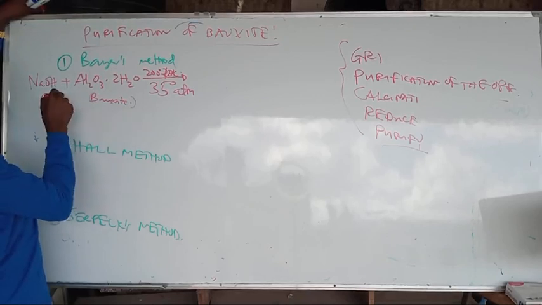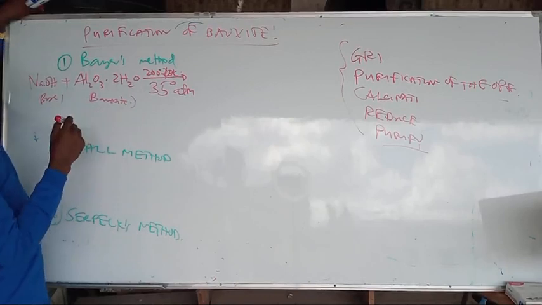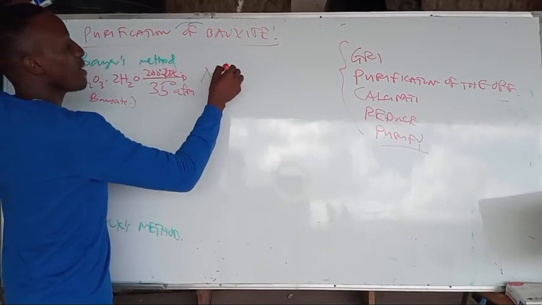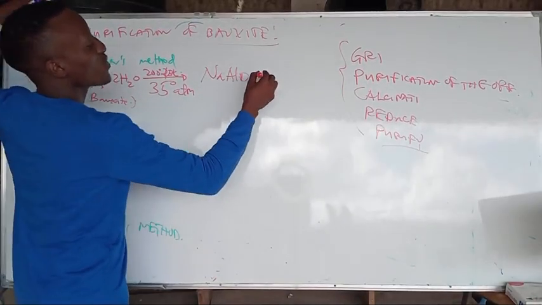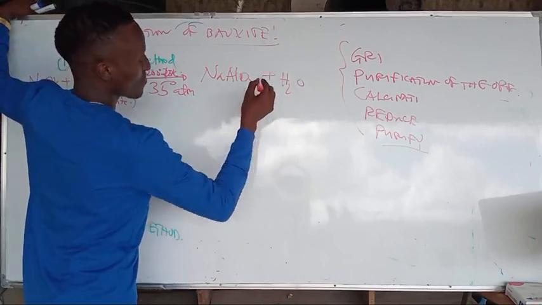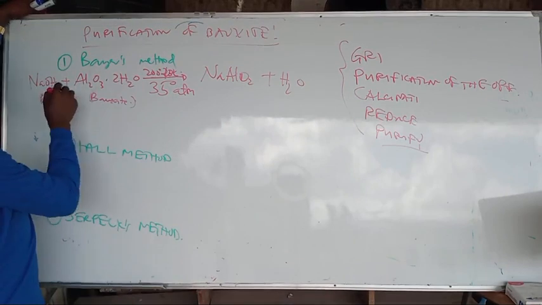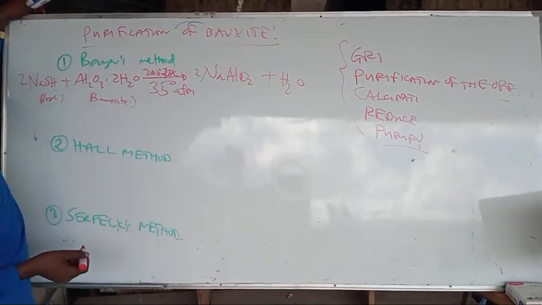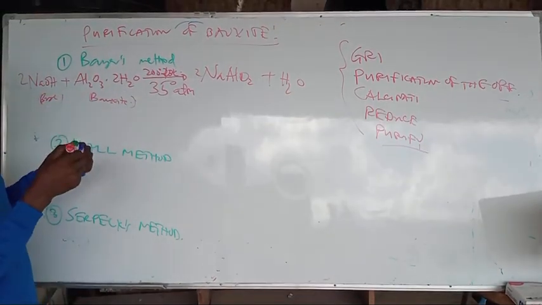When added at a high temperature and high pressure, they turn into sodium aluminate and water. To balance this, you balance the oxygen and the hydrogen.